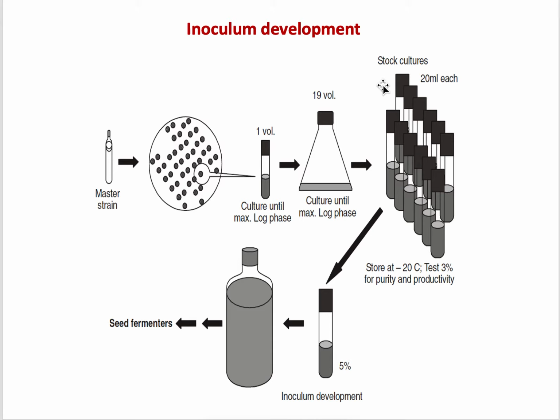This figure shows all the steps of an inoculum development process. It starts from the master strain. Master strain means, suppose you have your strain in lyophilized form, or you stored it in liquid nitrogen.